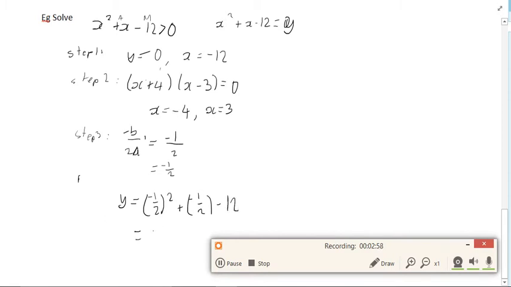Which is equal to 1/4 minus 1/2 minus 12. And once again, you can use your calculator if you need for this. So it would be 1/4 minus 12, which is -47/4.